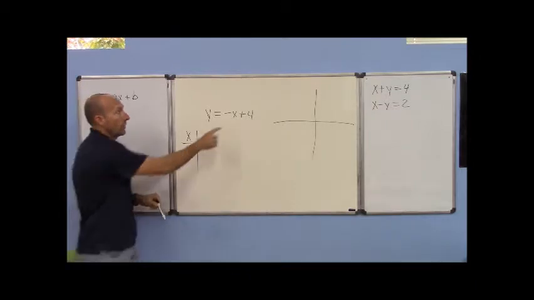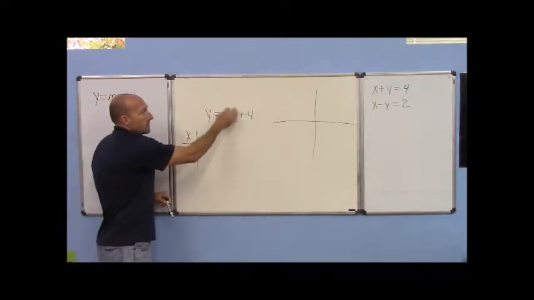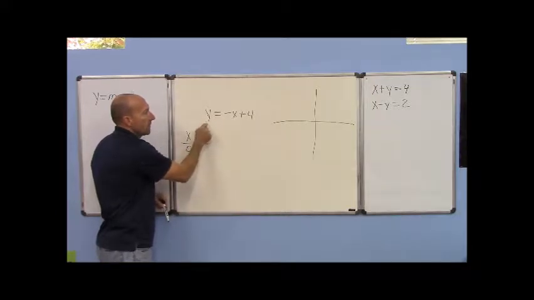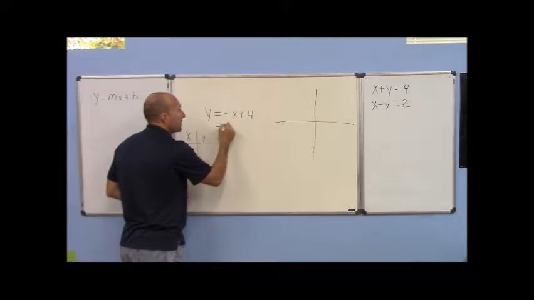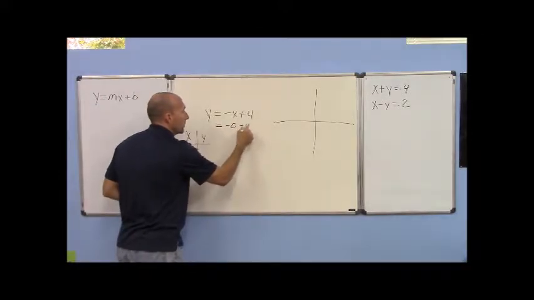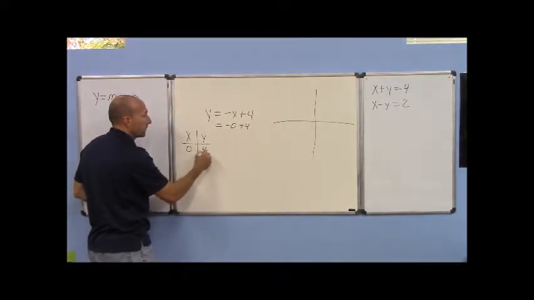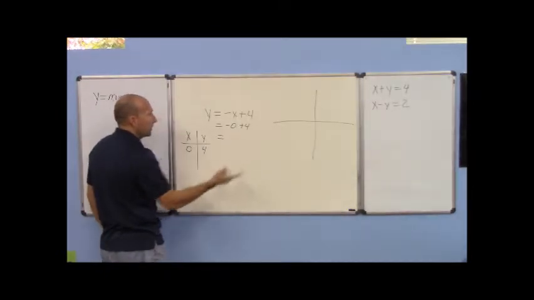Very good. Whenever we plug in 0, we substitute this x with a 0, finish it out, and solve for y. What does y equal when x equals 0? Well, y equals 4.